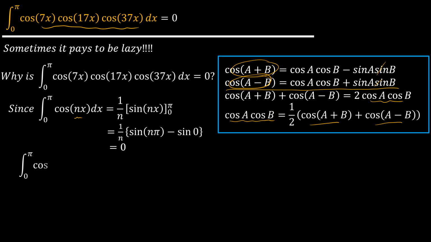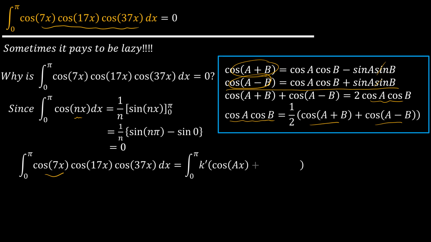So with this, let's do a quick experimental view of it, then we'll go into the deep solution. You have cosine 7x times cosine 17x. These two can be solved using this analogy.